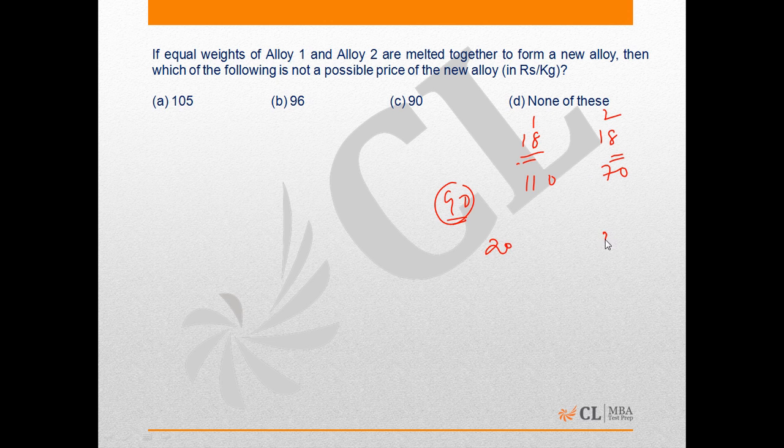Similarly, when 20 kg of the 2 alloys are taken, the price comes out to be 96, and when 24 kg, that is the last possible volume of the 2 alloys that can be taken, the price comes out to be 105. Therefore the prices given in options A, B, C are all possible, hence option D is the correct answer.